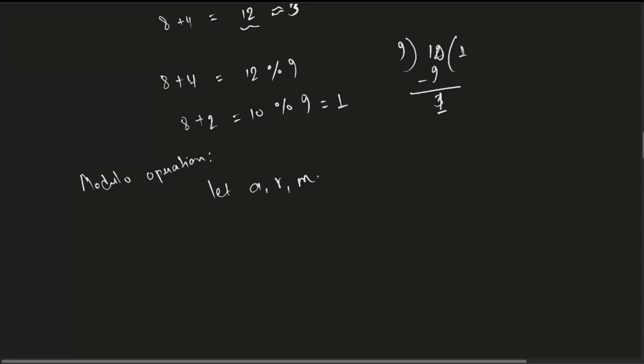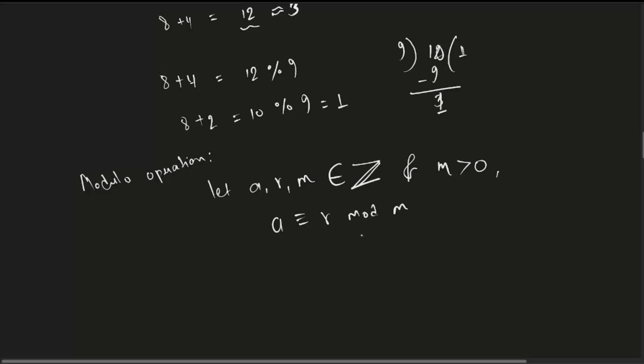Let a, r, and m belong to the set of integers, and let's say m is greater than 0, make sure that anything that's being divided by is greater than 0, then we can write it as a is equivalent to r mod m.